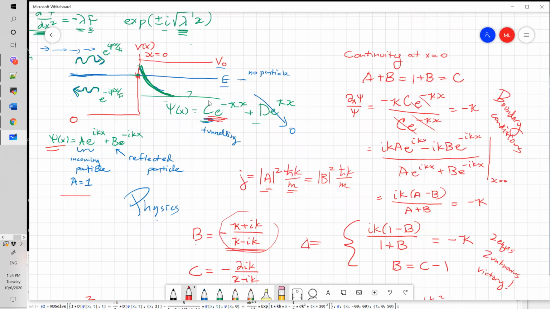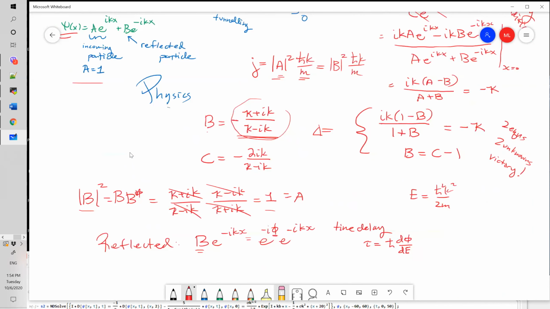And you can get the time delay from the time-independent Schrodinger equation by calculating this phase shift in the B coefficient. We'll look more at that later when we do scattering more formally in the second semester, but this is the first kind of teaser of this.